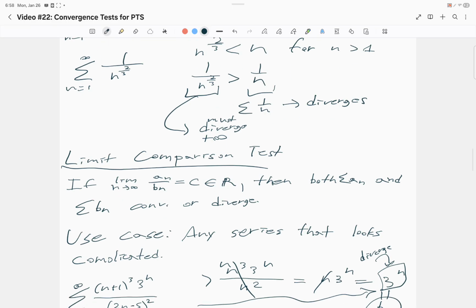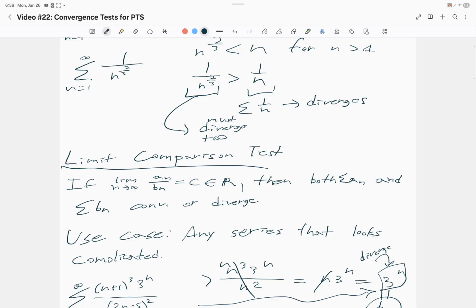I think maybe I didn't do it for the limit comparison test, but for that one, if we're getting a constant, they both must converge or diverge. If one of them diverged and the other didn't, we would get either 0 or infinity. If b of n diverges, it's going to infinity, but a of n is converging to a specific value, so you would get 0 in that case.